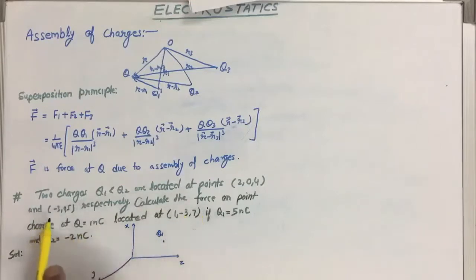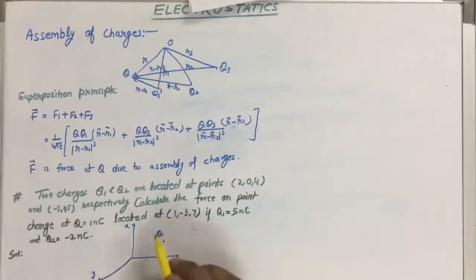Now Q2 can be considered as minus 305. Again y-axis is absent. So x is minus 3 here, downward, minus 3, and z is 5, so it should be somewhere here, minus 3, 0, 5, that is Q2. This is Q1 and this is Q2.